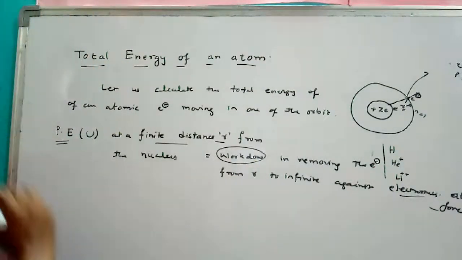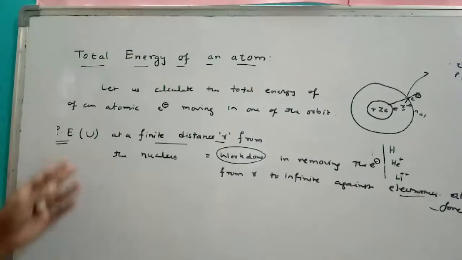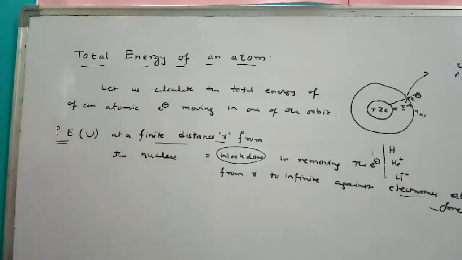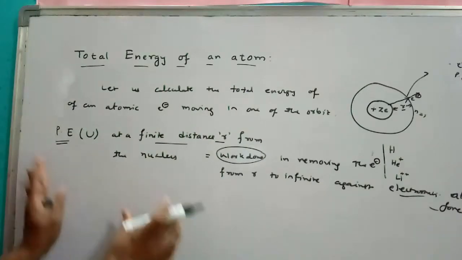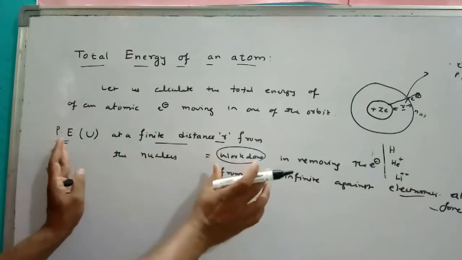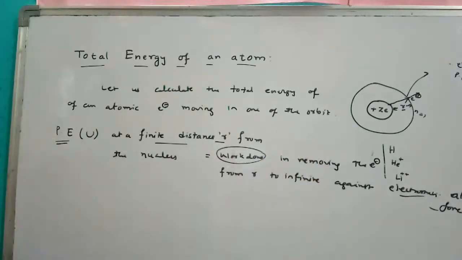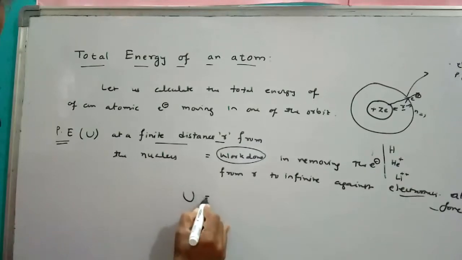That is the potential energy of that electron. So how do we calculate it here?